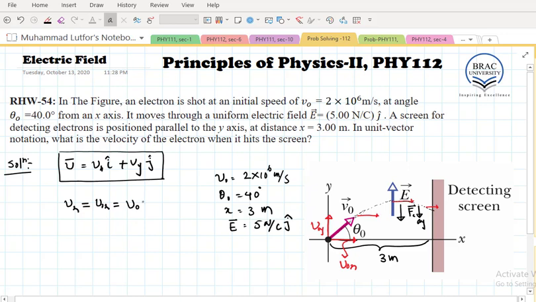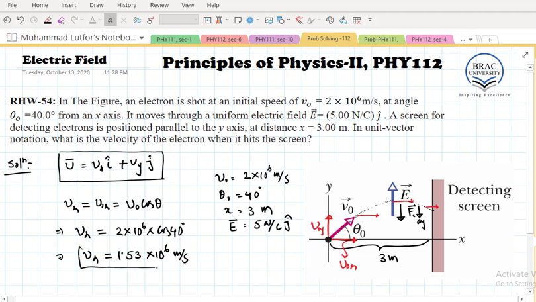V naught x would be V naught cos theta, right? So Vx would be 2 × 10^6 times cos 40 degrees, which gives Vx equal to 1.53 × 10^6 meters per second. So this is the velocity of the electron in the horizontal direction.